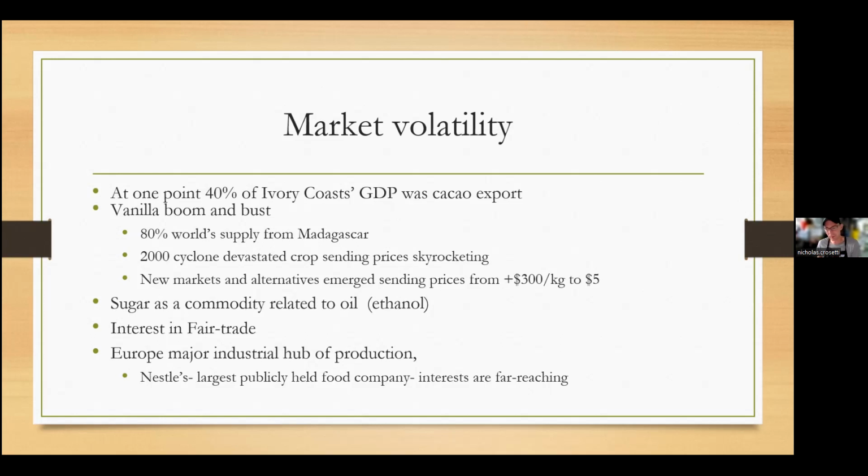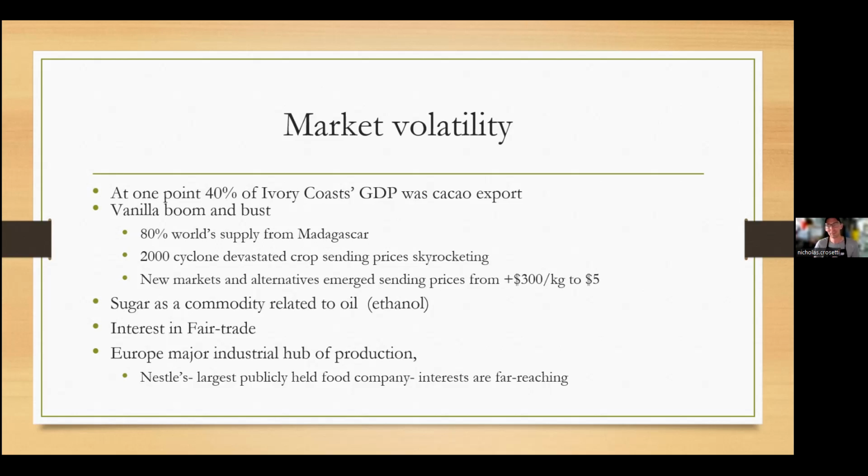So considering that Ivory Coast is currently the world's largest producer of cacao, at a certain point, 40% of their gross domestic product was this one export, which if you think about this one export as an agricultural product, it would just take one bad season to absolutely ruin a country like that.